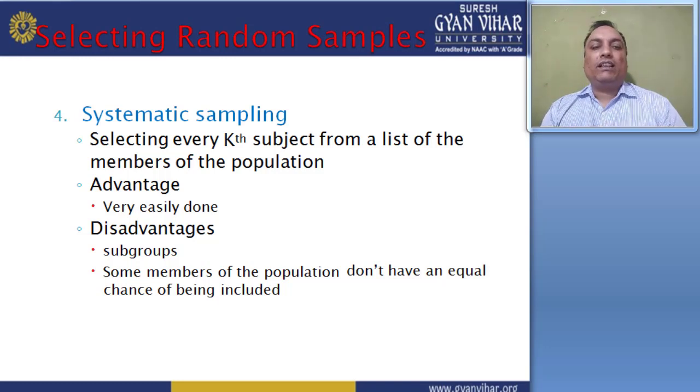So this is a type of systematic sampling. There is an equal opportunity for every member of the population to be selected using a sampling technique, right?